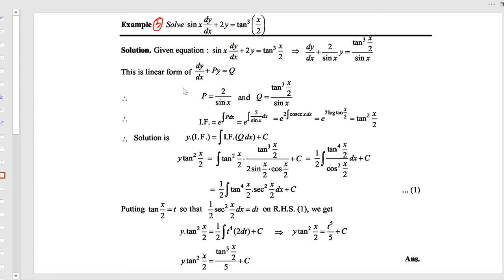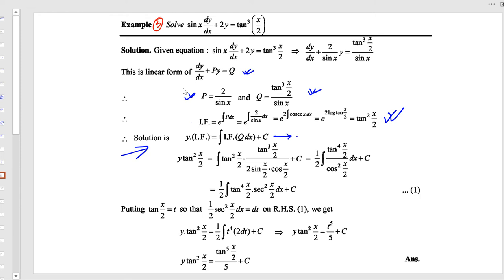Similarly, you can verify this one also. The standard form is this one, and here you can find p equals this one and q equals this one. So you get the integrating factor this way, and then you can try to find the solution of this form.